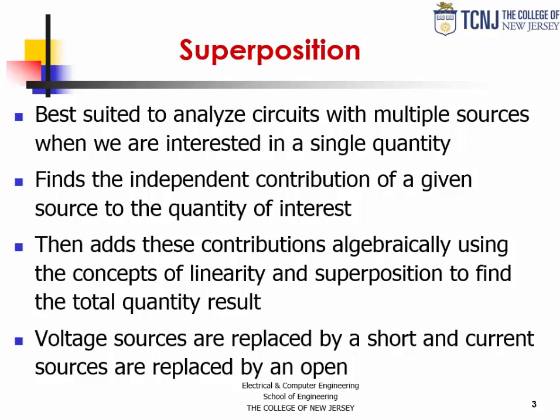And I'm going to also replace all the other current sources by an open, because the internal resistance of a current source is infinite. So again, I'm going to just focus on one source, and I'm going to replace all the other sources by their internal resistances: a short, or zero, if it's a voltage source, and an open, or infinite, if it's a current source.